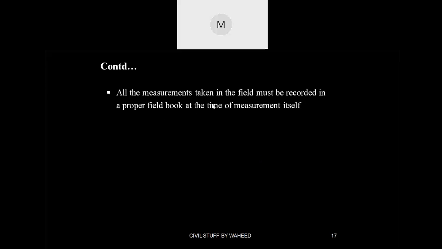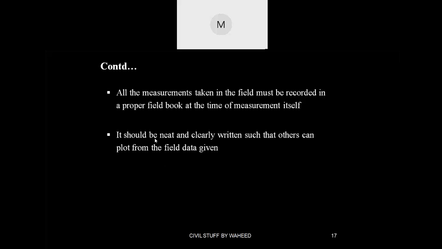All the measurements taken in the field must be recorded in a proper field book at the time of measurement itself. Generally you will have a field book with proformas. For chain surveying there is a field book, for compass surveying the field book will be there, and for theodolite surveying the field book will differ. Whatever you write should be neat and clearly written, so that from your written data, others can plot the drawing.